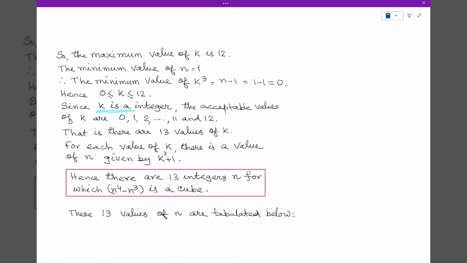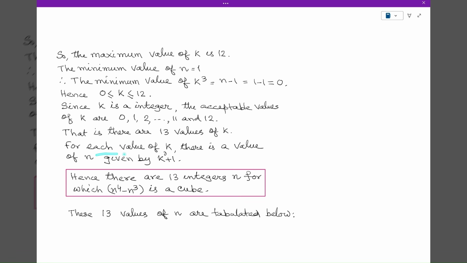Since k is an integer, the acceptable values of k are 0, 1, 2, and so on, up to 11 and 12. That is, there are 13 values of k starting from 0 and going up to 12 in increments of 1.